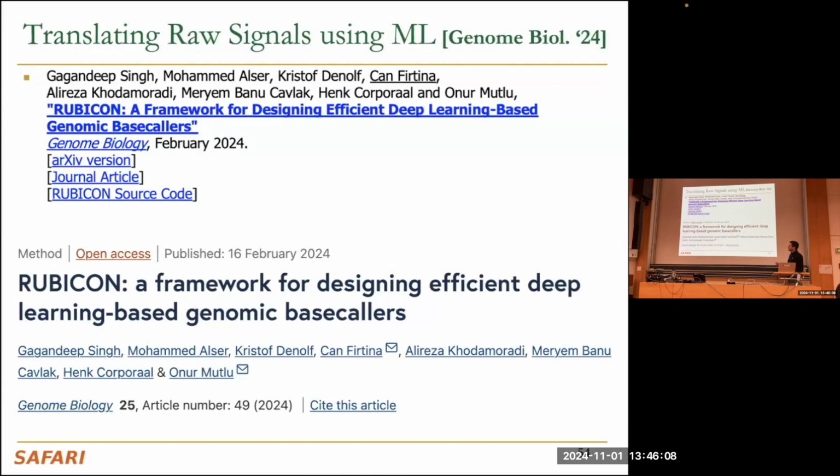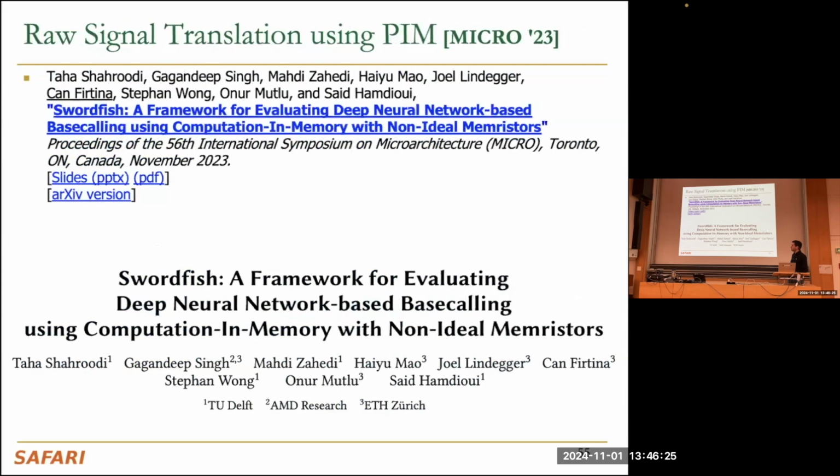We also look at how we can make the base calling part more efficient and more accurate. So this is a framework that discusses many opportunities and optimization techniques to reduce the complexity of the deep neural networks that are mainly used in base calling works. We also look at how we can perform base calling using in-memory computation.